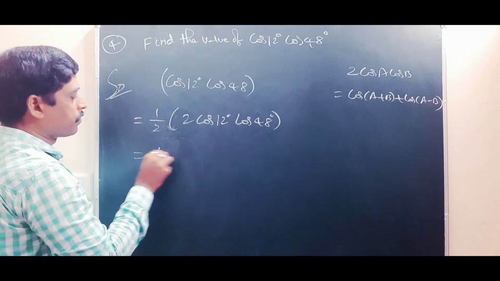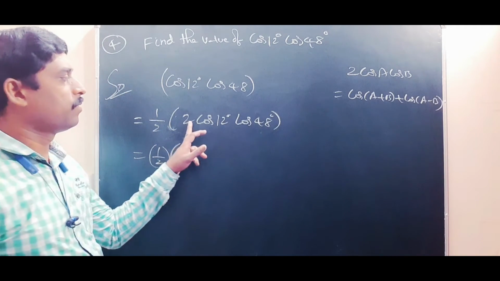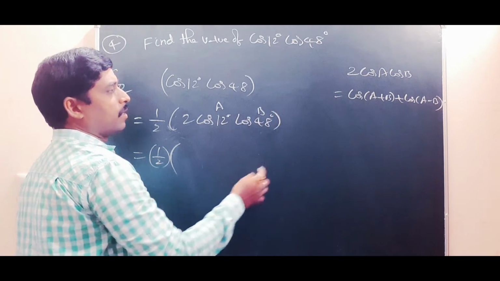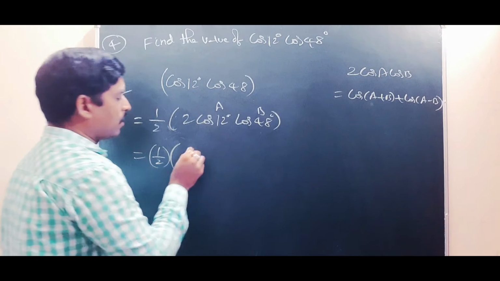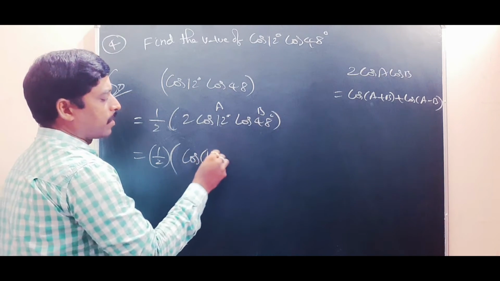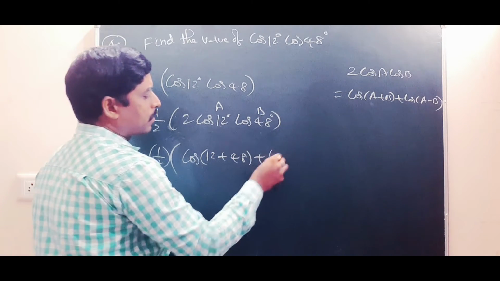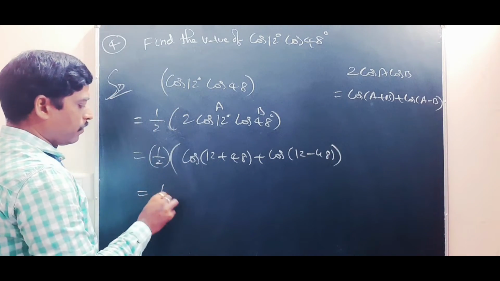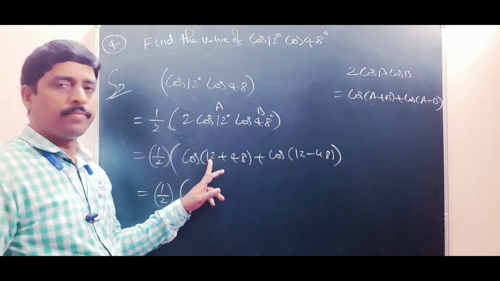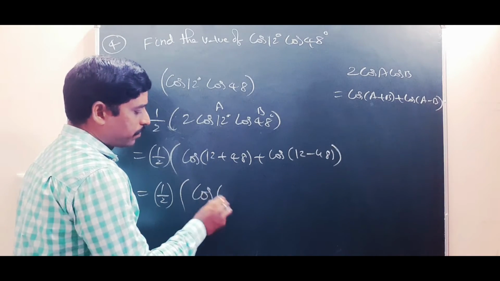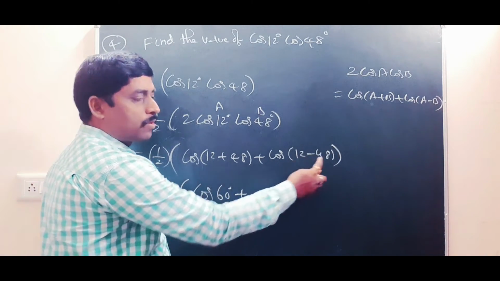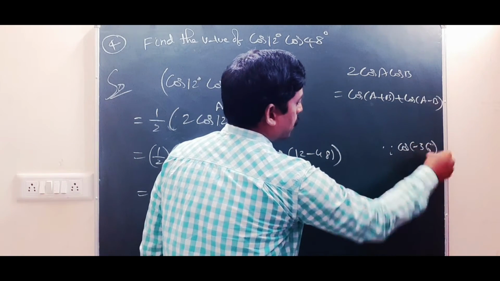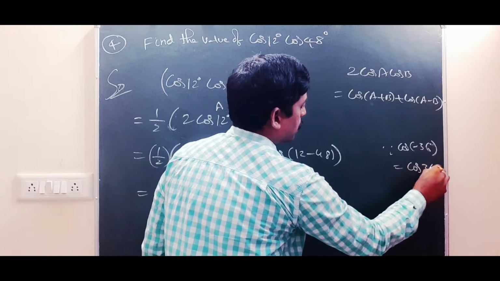So 1 by 2 times 2 cos A cos B, where A and B values are 12 and 48. We apply this formula: cos of (A plus B), 12 plus 48, plus cos of (A minus B), 12 minus 48. It is going to be cos 60 degrees plus cos of 12 minus 48, which becomes cos of minus 36, equal to plus cos 36.